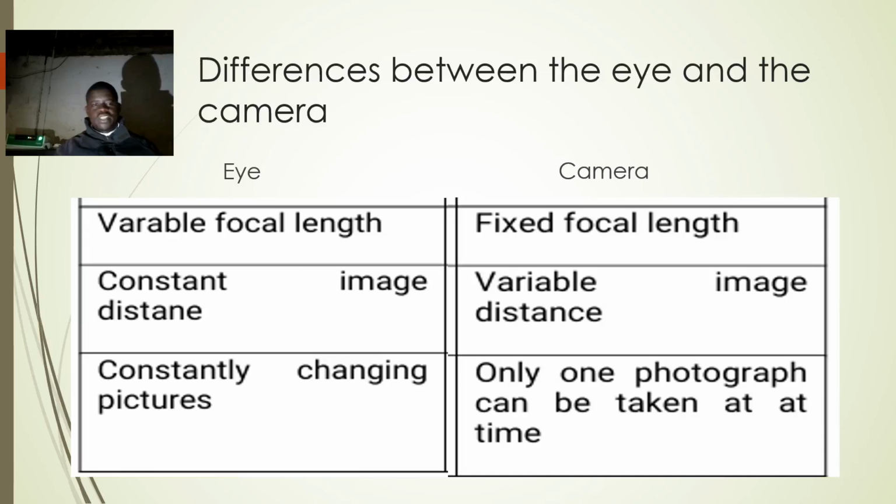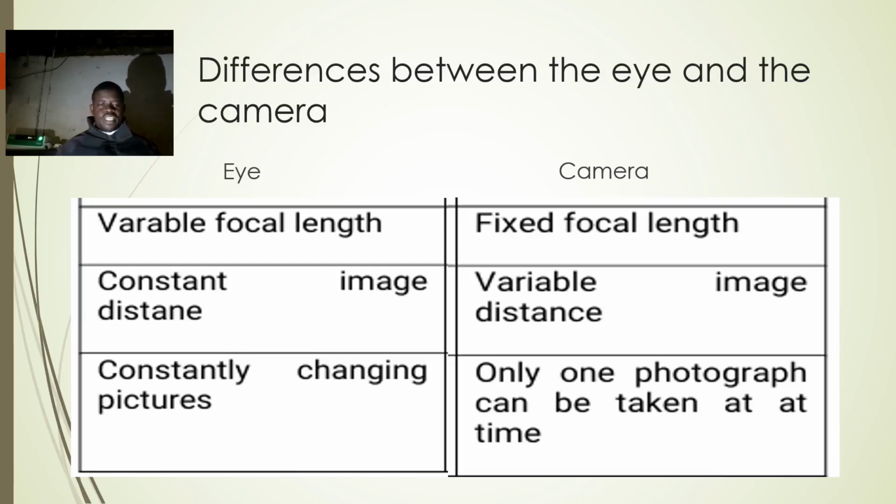What about the differences? In as much as they are similar, there are also differences between the eye and the camera. One is that the eye has a crystalline lens which varies its focal length, while in the camera, the lenses have a fixed focal length.